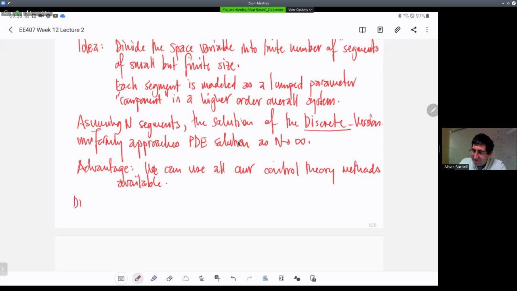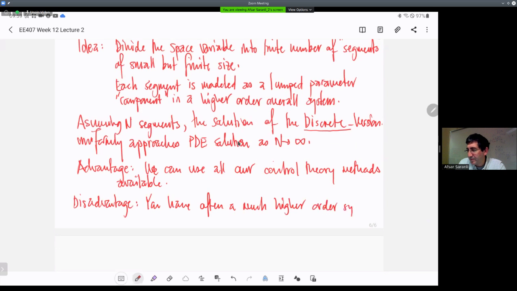What is the disadvantage is that you often have a much higher order system. So we got rid of the partial differential equation, which is a good thing, but we now have a very high order ordinary differential equation. All right.